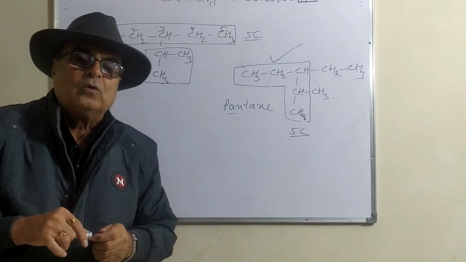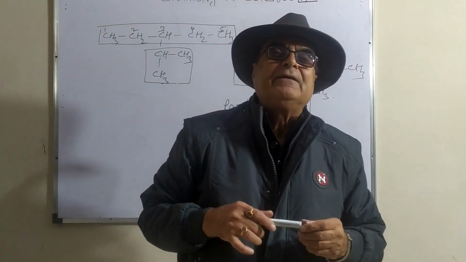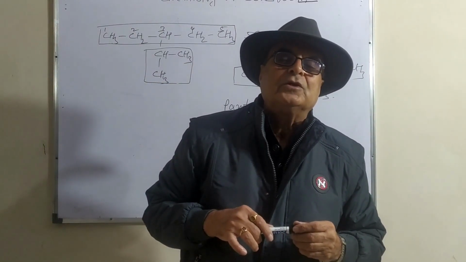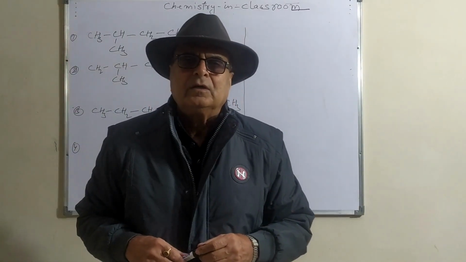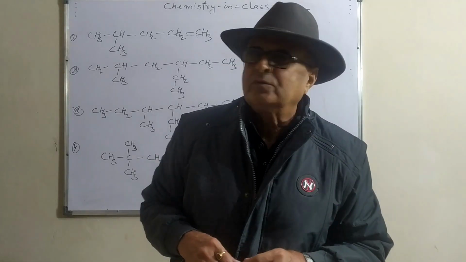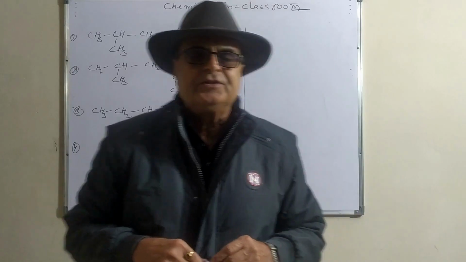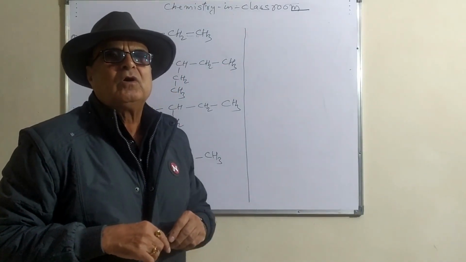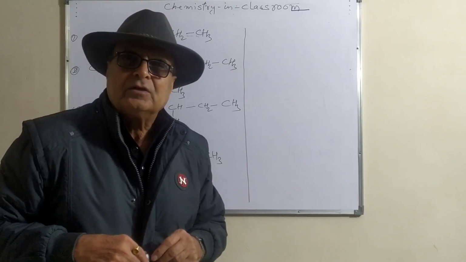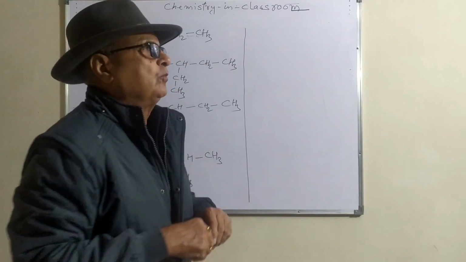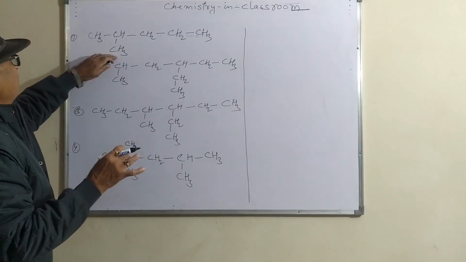This should be known. Now I will tell you about the location of the substituent group. To show the location of the substituent group, I have taken 4 examples. So here, this is the CH3 group.